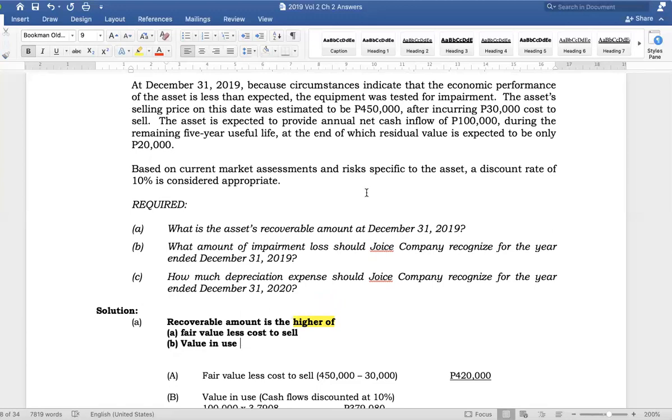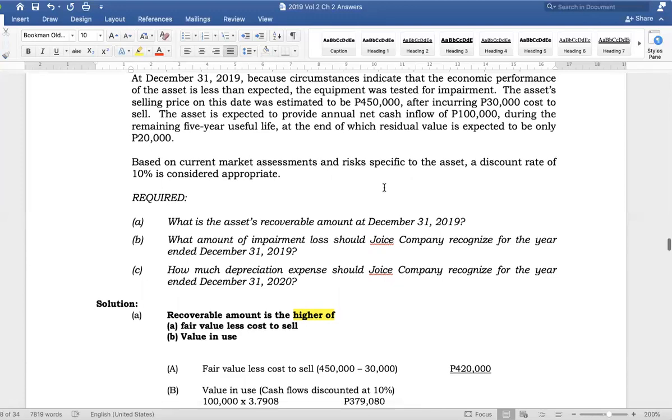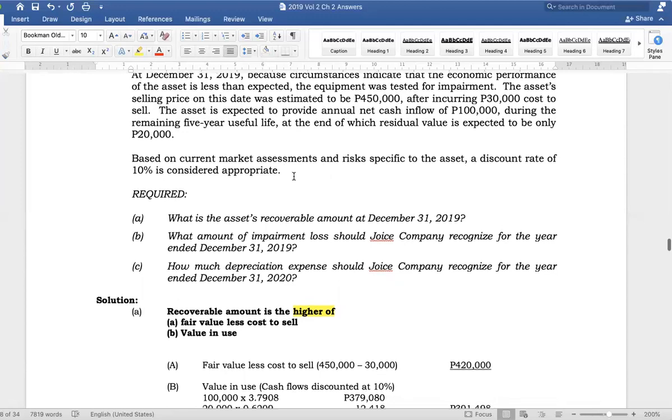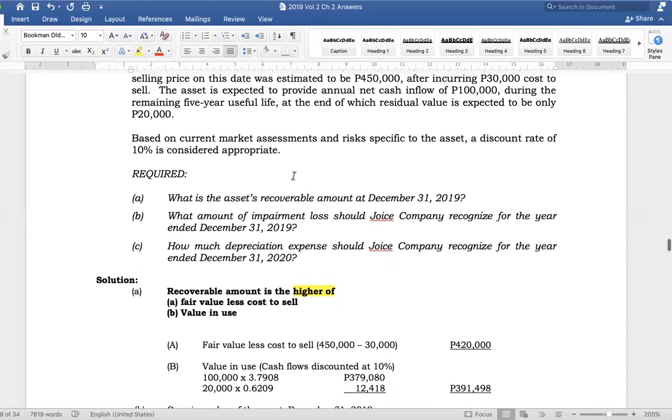And an interest rate is a discount rate that is based on risk specific to that particular asset only. So it is not based on the average interest rate in the market, but on the risk specific to the asset. And what is given here is that a 10% discount rate is appropriate.